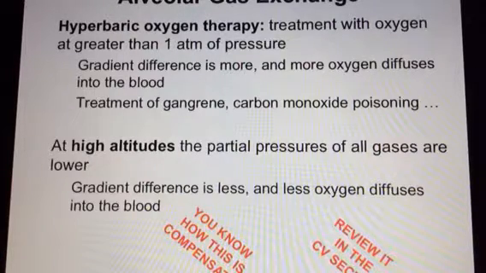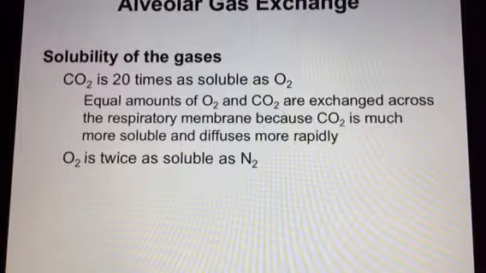This talks about when different pressures are lower. I'm not too worried about that. We also have to keep in mind that for gas exchange to occur, the gases have to be soluble. Soluble means being able to dissolve in water. We just said there was a thin layer of water over the alveoli, and both gases that we need to transfer through the alveoli, oxygen and carbon dioxide, have to be soluble.